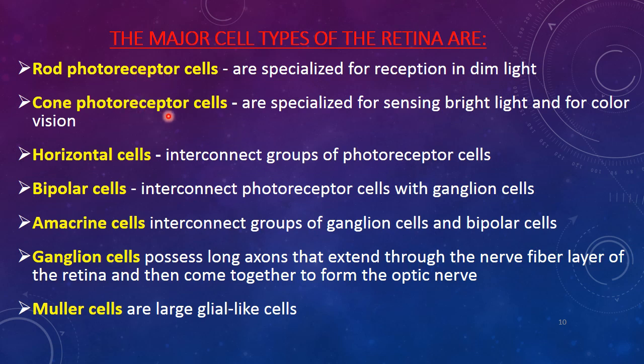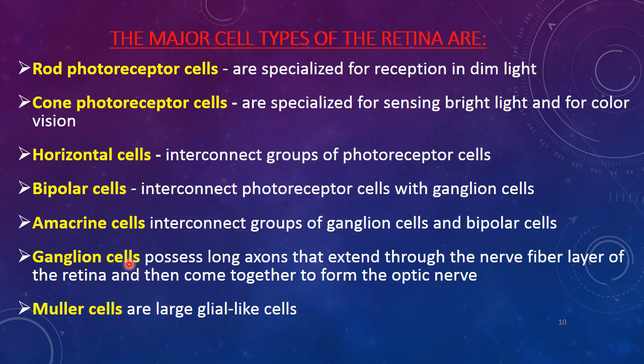As you have seen, there are the rod and cone photoreceptor cells. Now moving on to the next, which are the horizontal cells and the amacrine cells. These are actually association cells present in the human retina, and they are mostly present in the inner nuclear layer.